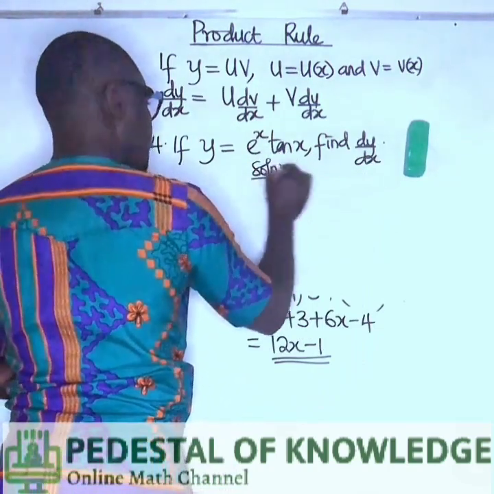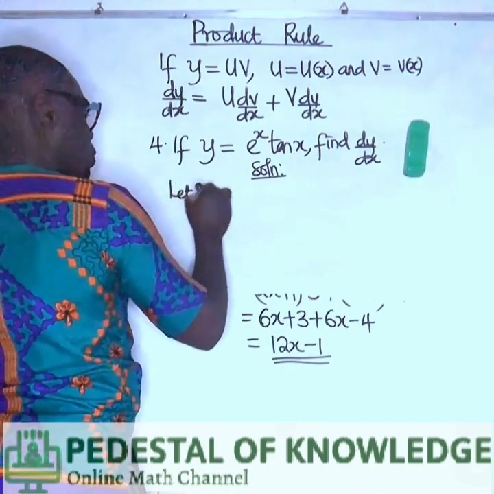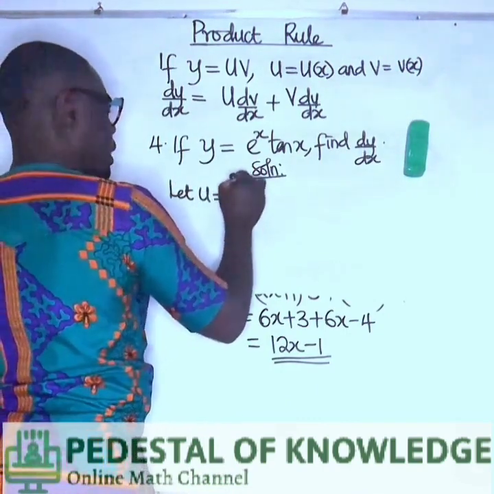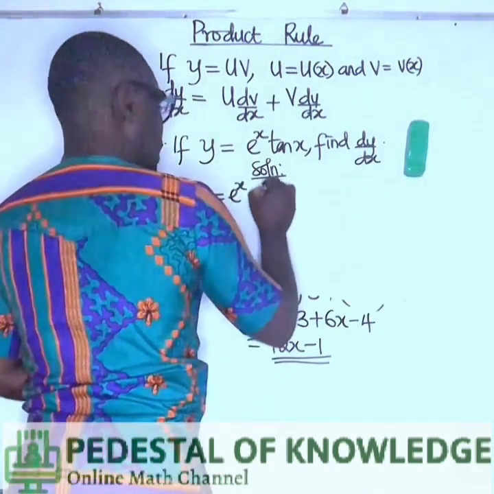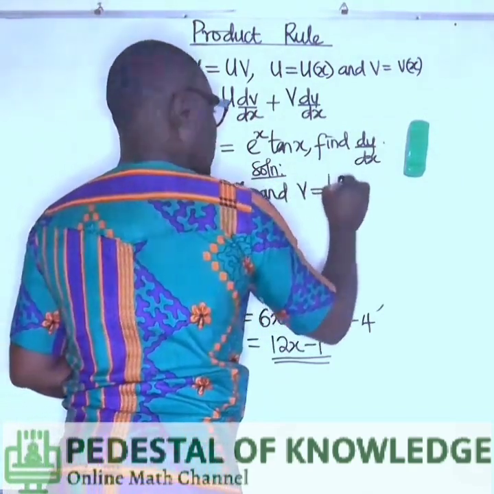All right. Now we say let u be e to the x and v be tan x.